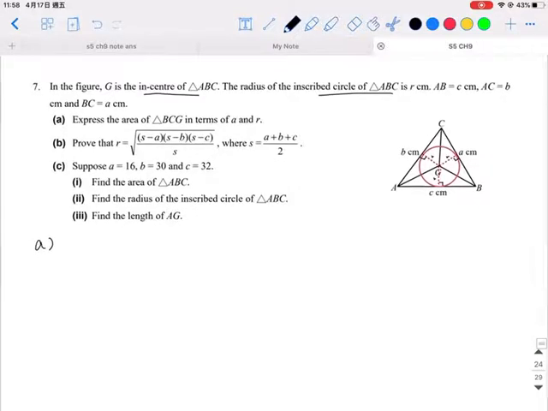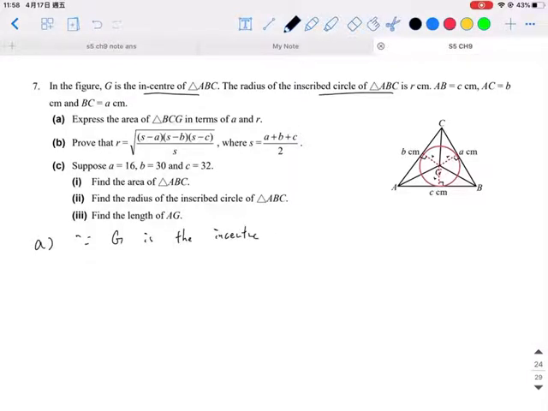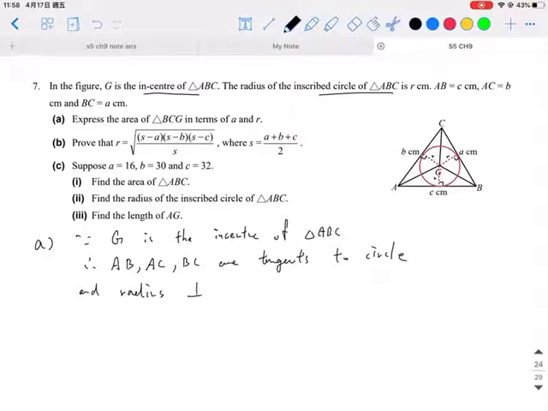So because G is the in-center of triangle ABC, there are three tangents in it, which are AB, AC, and BC, tangents to the circle, and therefore the radius is perpendicular to the tangent.